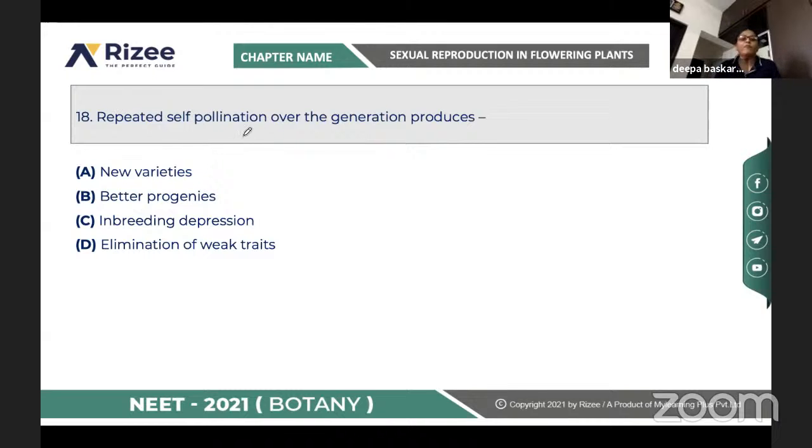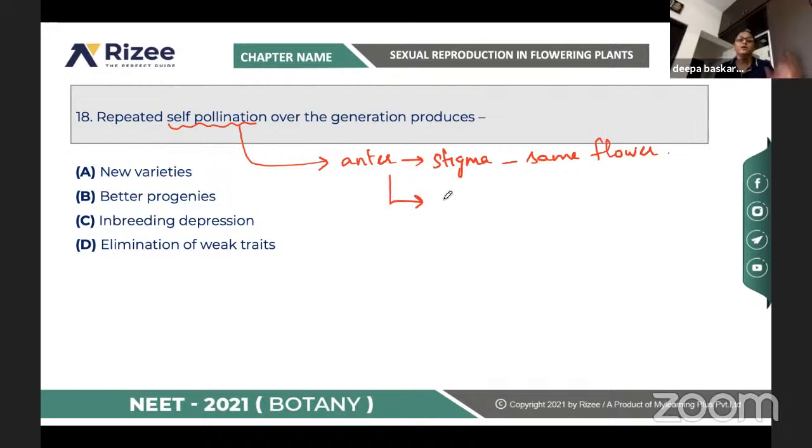Okay, repeated self-pollination over the generations produces what? So what do you mean by self-pollination? That is, pollen from the anther is transported to the stigma of the same flower. So here, there won't be any genetic combinations possible.